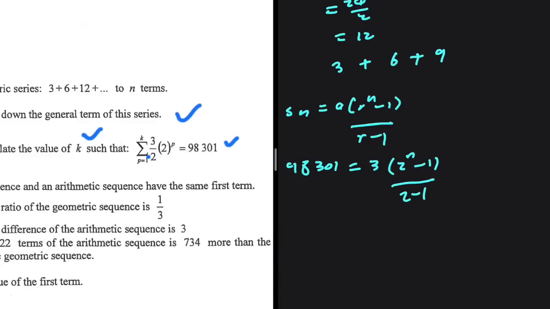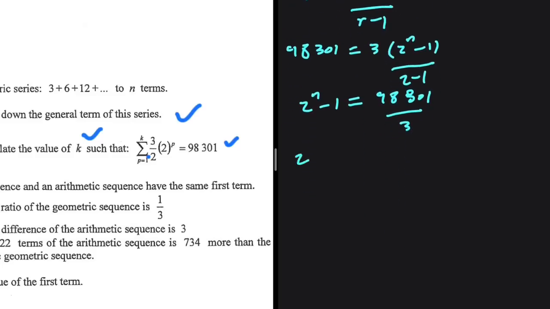Okay, so we're going to have 2 to the power n minus 1 being equals to 98,301 divided by 3. Okay, let me put that in my calculator real quick. I'm getting 2 to the power n minus 1 being equals to 32,767. If I take minus 1 to the right hand side, I'm going to get 2 to the power n being equals to 32,768.